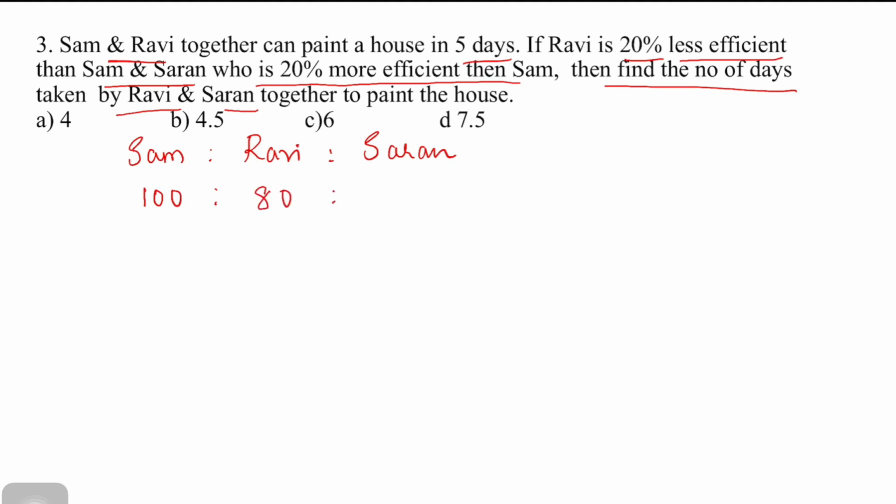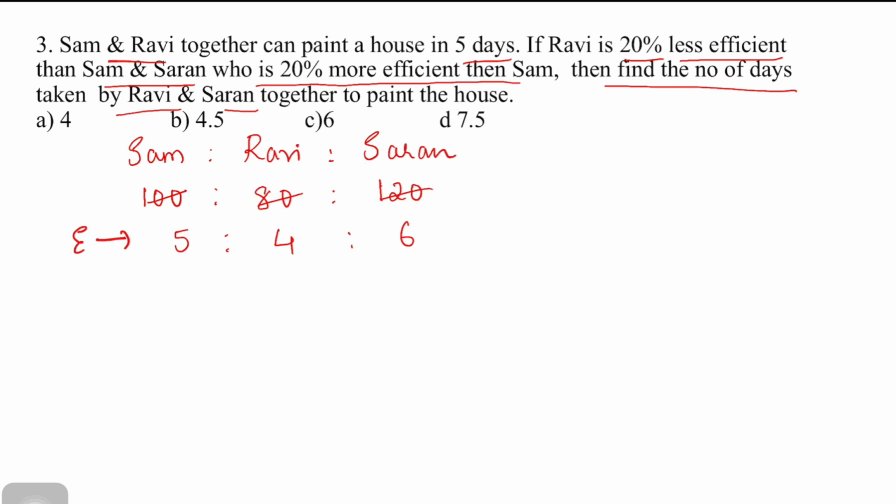Saran is 20% more, so it is 120. So this can be 5s are 20, 4s are 16, and 6s are 24. So 5:4:6 is the efficiency ratio of all the three.